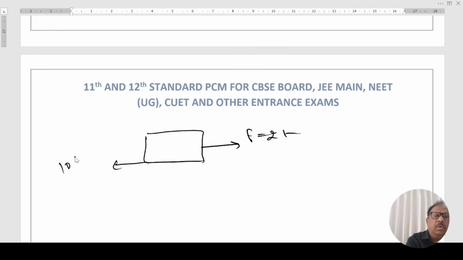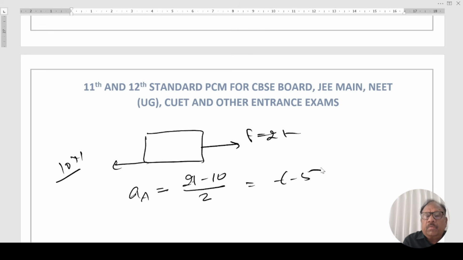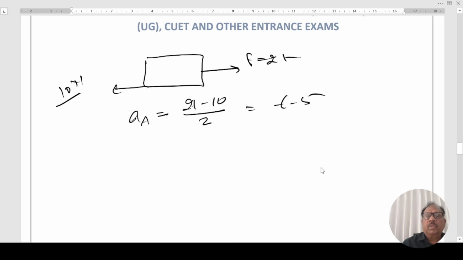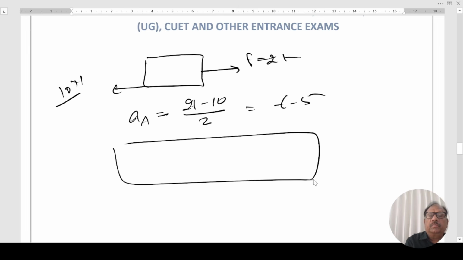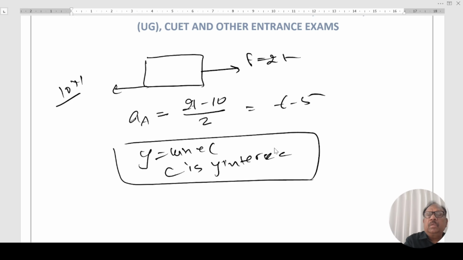F_L we have found, 10 Newton. So a maximum, a_A, will be equal to 2T minus 10 divided by the mass, that is 2. This comes out to T minus 5. Now this is equivalent to y equal to mx plus c. C is the y-intercept. In this case, the y-intercept is minus 5.